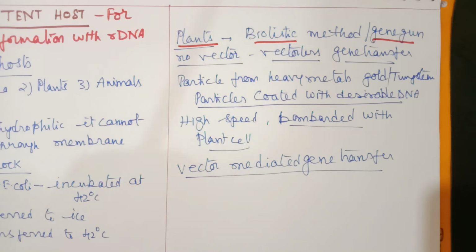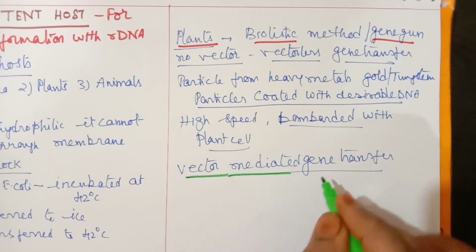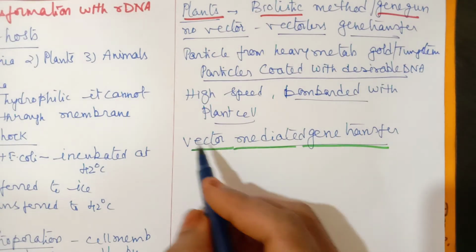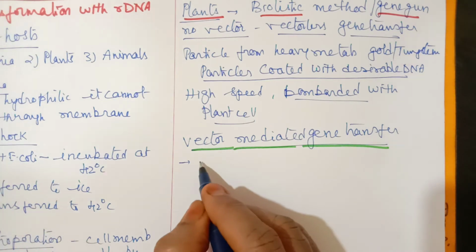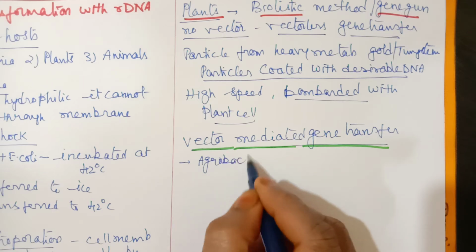Now the second one is called the vector mediated gene transfer technique. Here in vector mediated gene transfer, we use Agrobacterium.